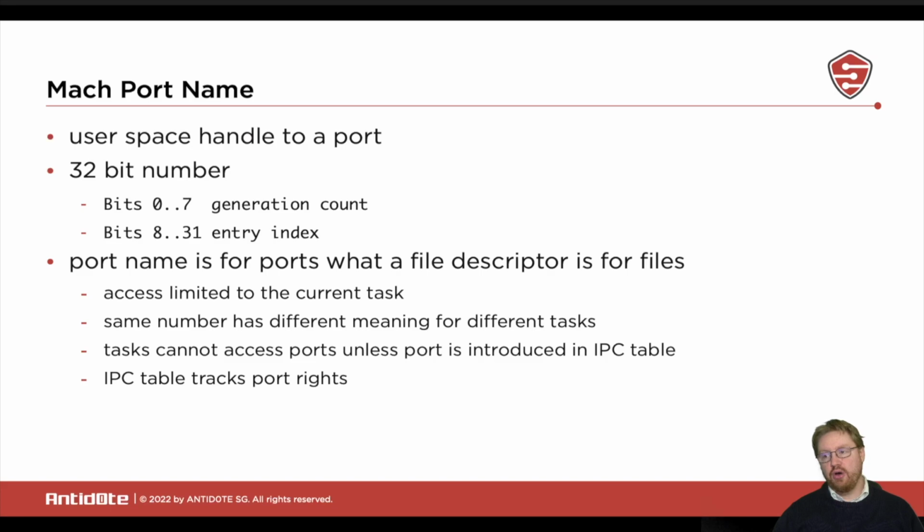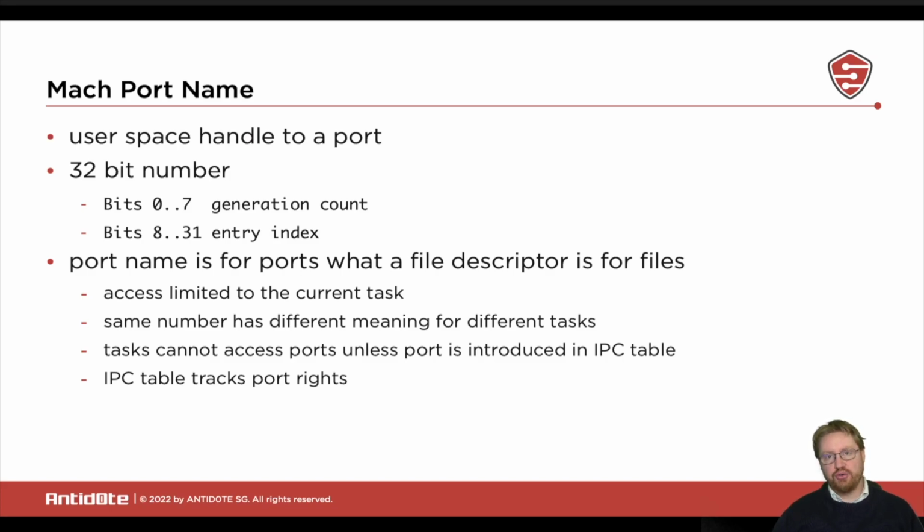So what is this generation count? It's basically a number that follows a kernel-determined algorithm, and every time we reuse a port index, the generation count gets changed, but not increased. It's not following a linear pattern. It's more like moving into the next generation, you can say.